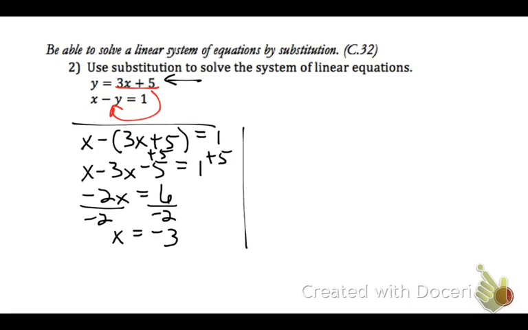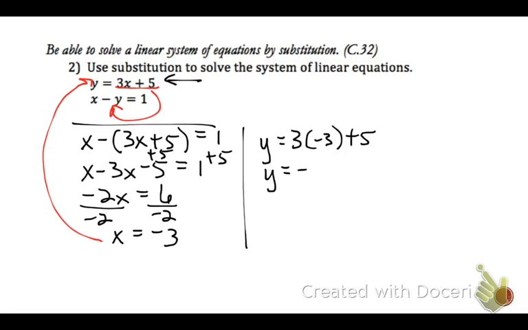Now my second substitution is that I need to take that value for x and plug it back into one of my equations, just one of the originals. It's going to be easiest to put it in that first equation. So y equals 3 times -3 plus 5. So y equals -9 plus 5, or -4. So I've got the solution -3, -4.